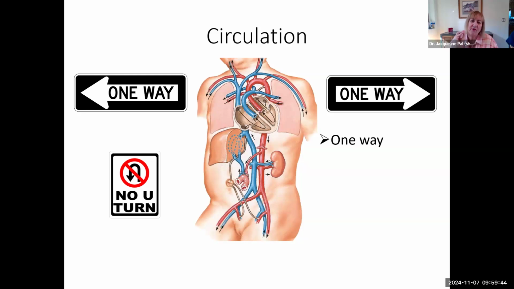If it's on the 405, it's got to go all the way to an organ, exit at the organ, and then come back in a different blood vessel. Okay? It can't just do a U-turn in the middle of a street like you can on the street where you live. So we're going to have two different circuits we're going to learn about later on: a pulmonary circuit and a systemic circuit.